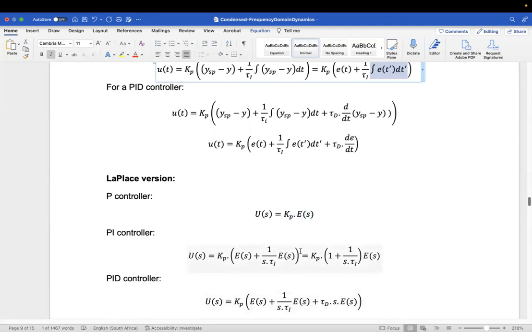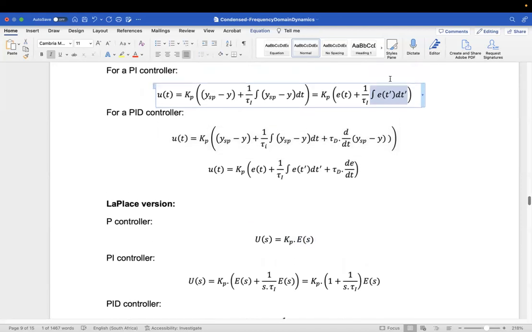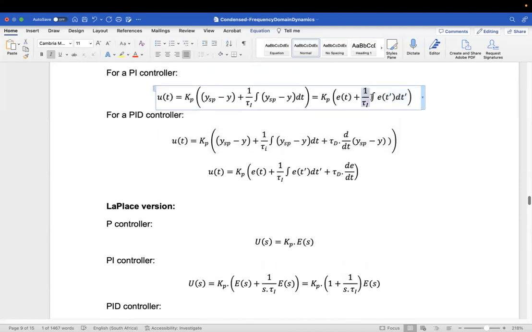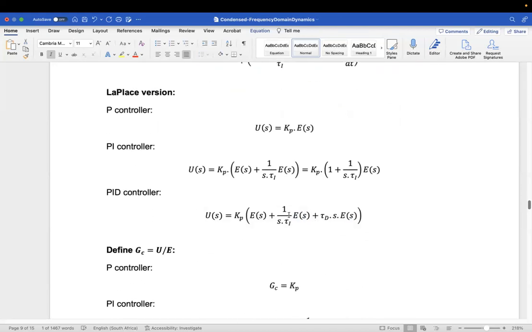So it's 1 over s times E of S. And in this case, we also had a 1 over tau as a constant. So there's the 1 over tau and then 1 over s times E of S. So that's what we have in the case of the PI controller. And what we could do is group out the E of S, since we've got E of S for both terms.